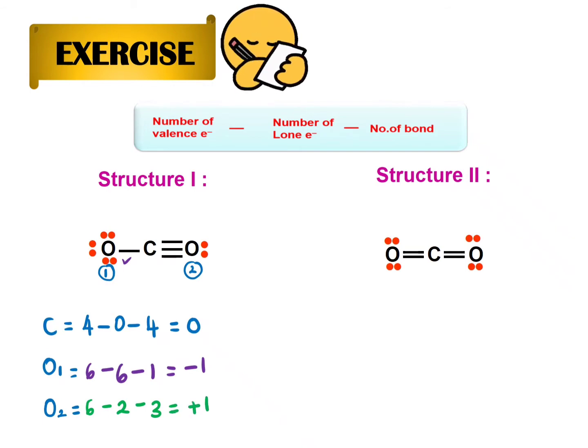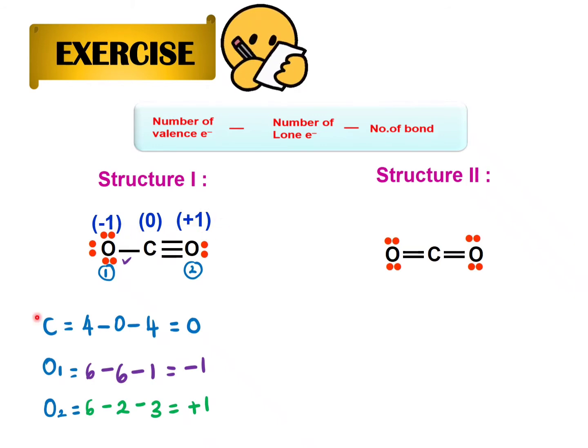Please write the negative and positive signs. So we have calculated like this, and then you place the formal charge on each atom. Like this: the first oxygen has negative 1 formal charge, carbon 0, the second oxygen positive 1. You put it in brackets, which represents the formal charge.